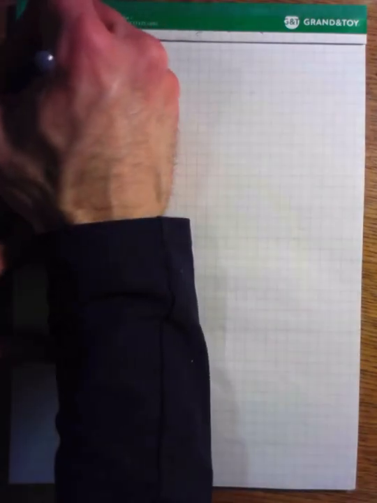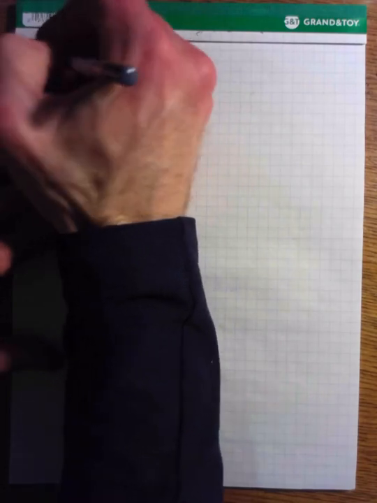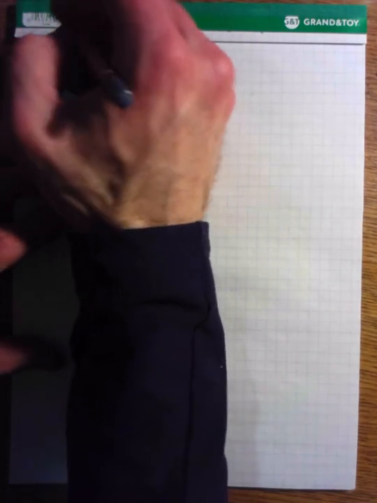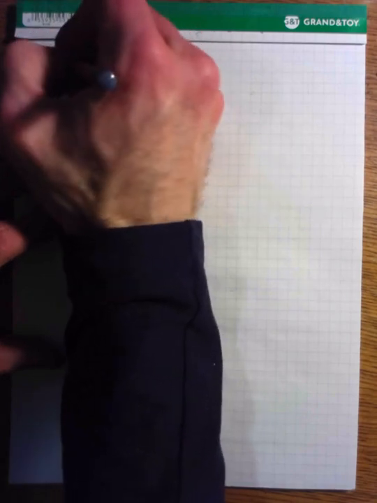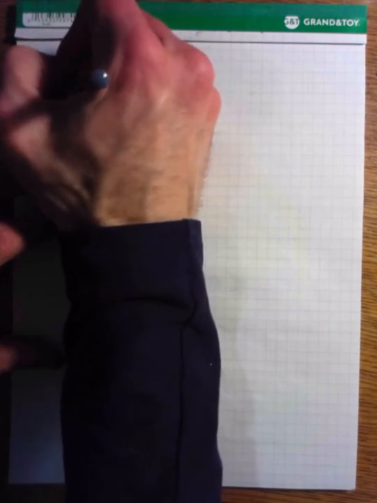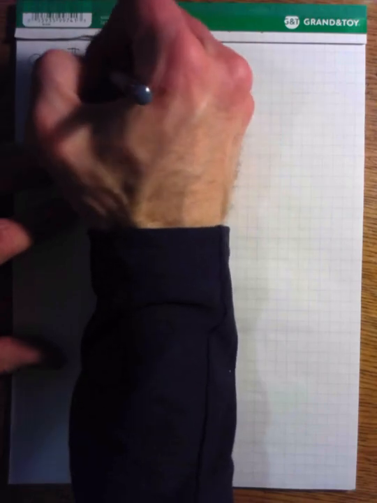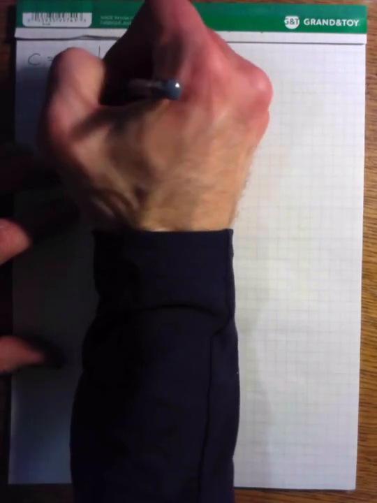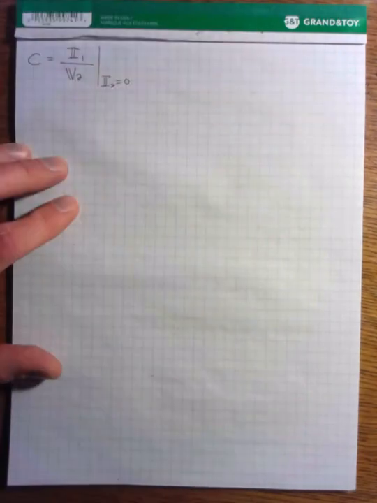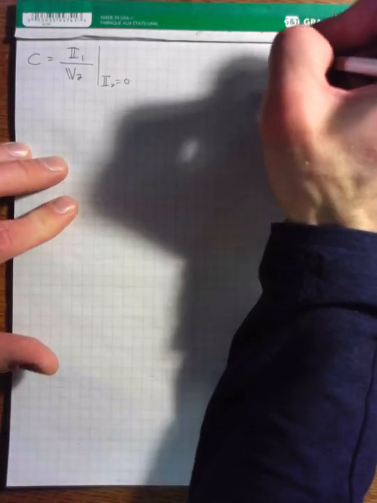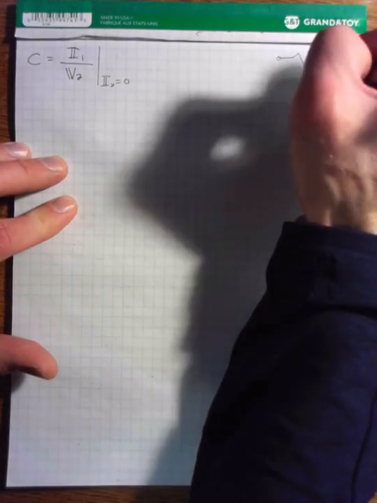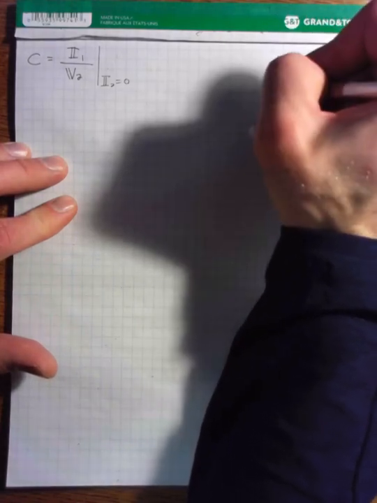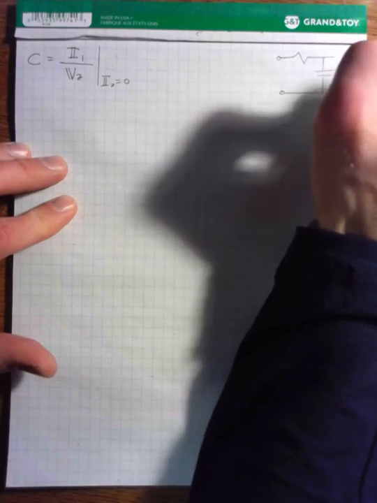The parameter C is equal to I1 divided by V2, given that we've short-circuited the output. And if I just draw kind of a mini diagram here, just so we still can sort of see exactly what we're working with.